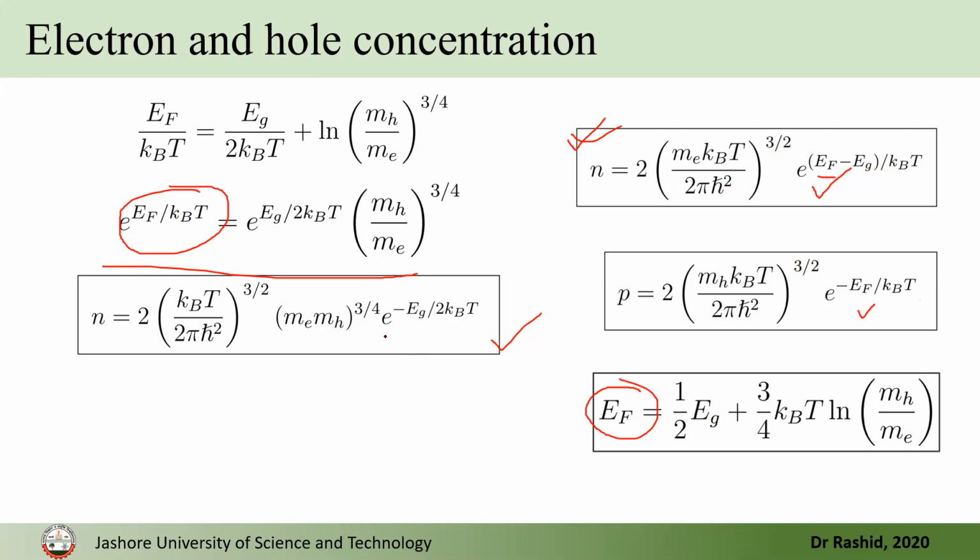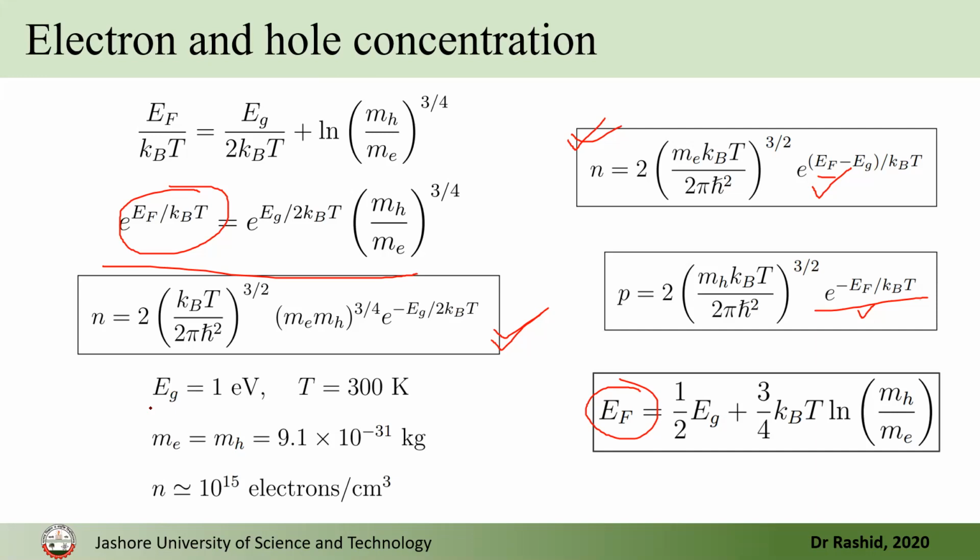You can do this at home. Substitute the value of e to the power EF by kT, substitute the value of EF here. Then you should get the same as this one. P should be the same as this one. Now from this we can estimate the concentration of the carriers.